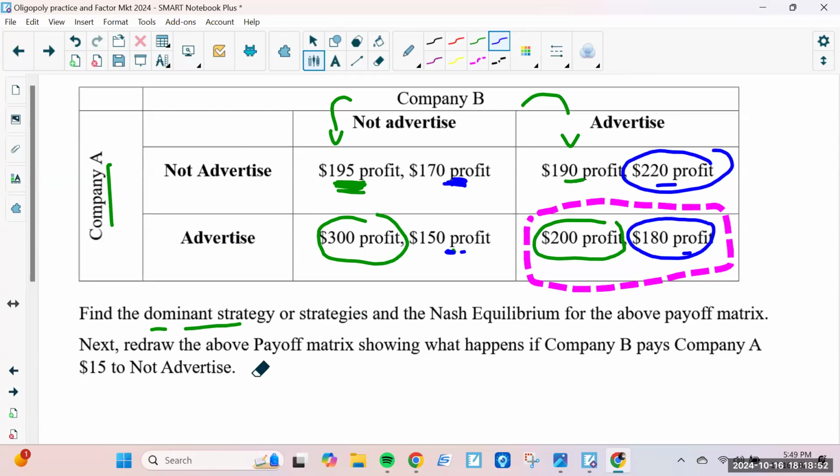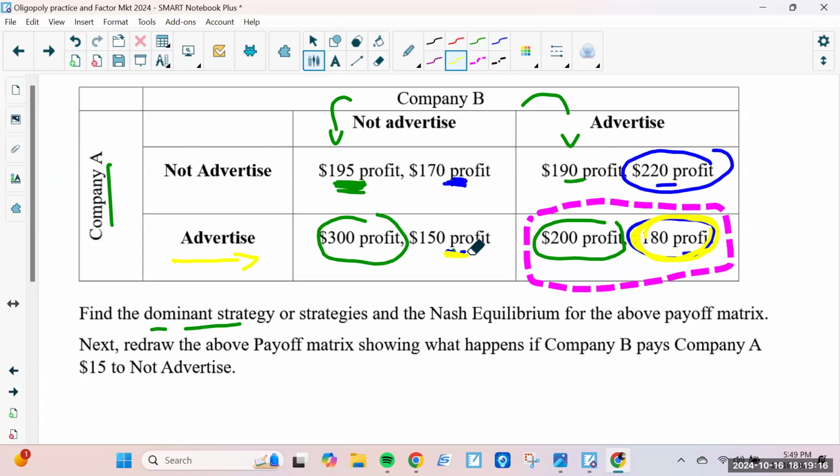Next thing is that if you ever have to explain why, always use the numbers in the graph. So in other words, if you have to explain why company B chose this right here, this 180, you would say, because if A advertises, 180 here is bigger than 150.